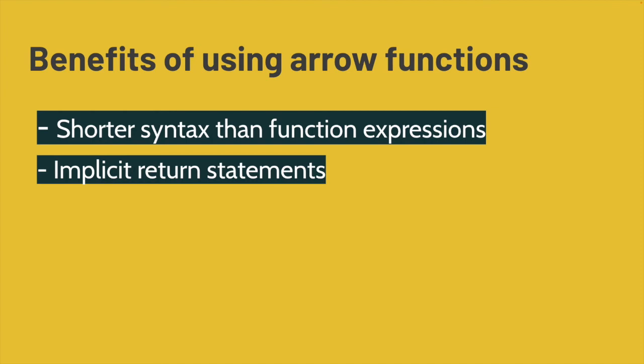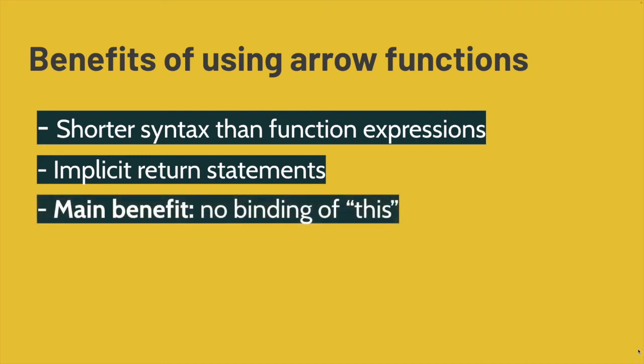This means that you do not have to explicitly write the return keyword every time you return something. And the main benefit is that there is no binding of this. And so this allows arrow functions to retain the scope of the method they were declared in.